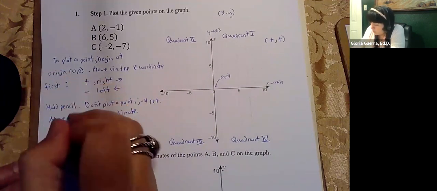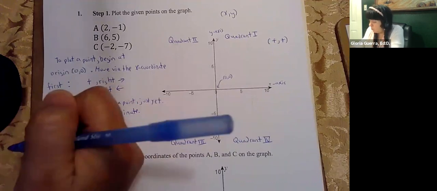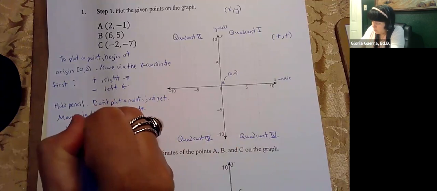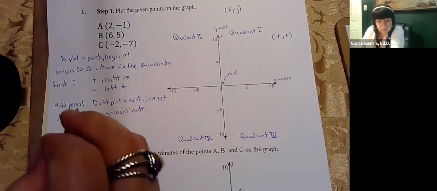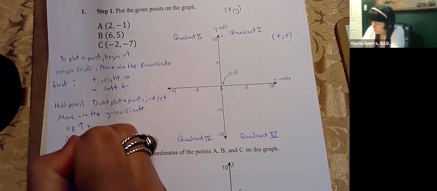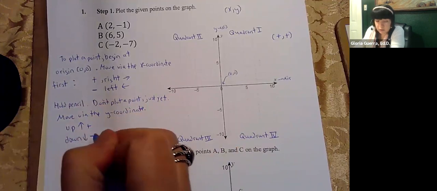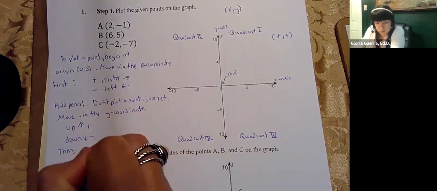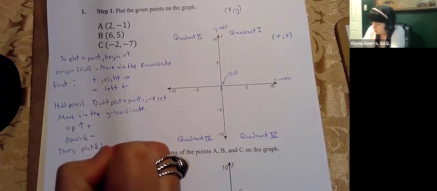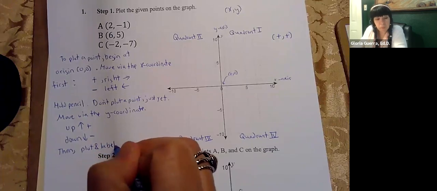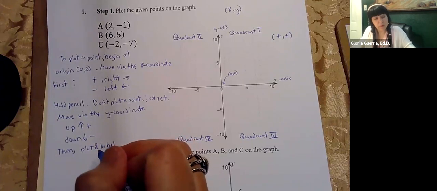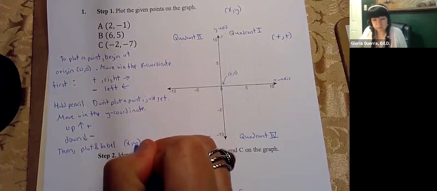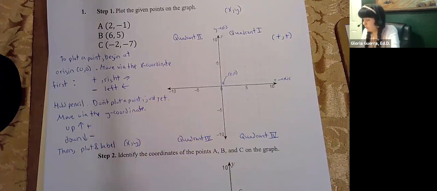So for your y, you would find yourself moving up if you have a positive coordinate, and moving down if you have a negative coordinate. And then you want to plot and label the ordered pair.